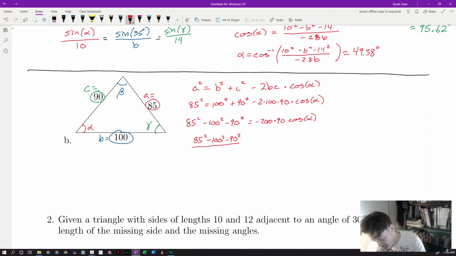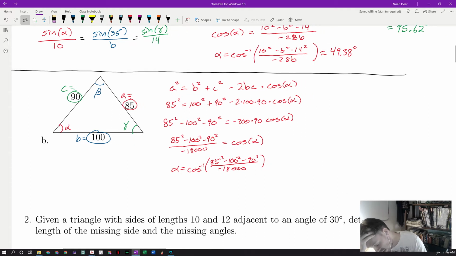We'll just plug it all into the calculator at the same time. 200 times 90 is 18 with 3 zeros after it, equals the cosine of alpha. And so alpha will equal the cosine inverse of 85 squared minus 100 squared minus 90 squared over negative 18,000.